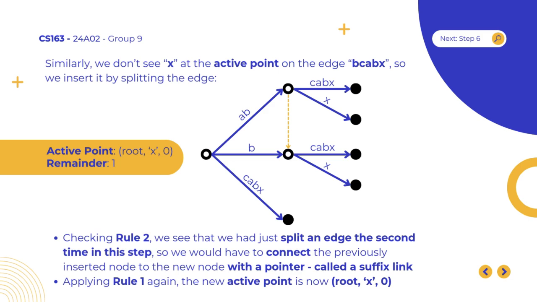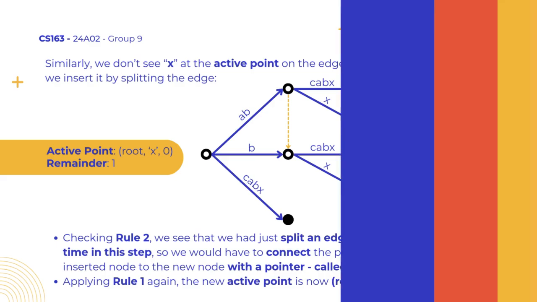Applying rule 1 again, the active point is now root x0 because the next character after B is X, and then the active length is decremented from 1 to 0.